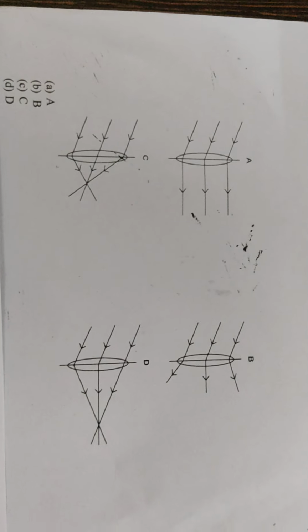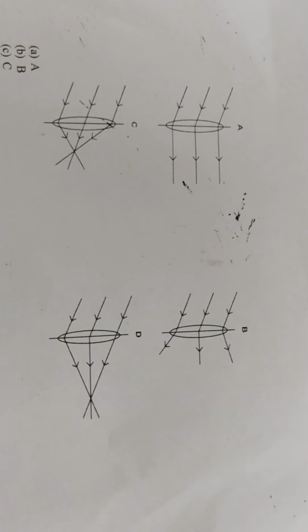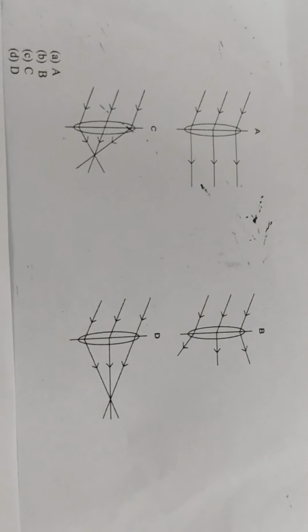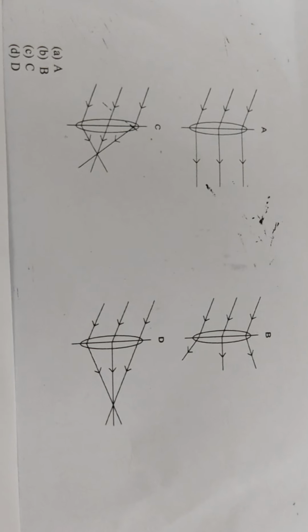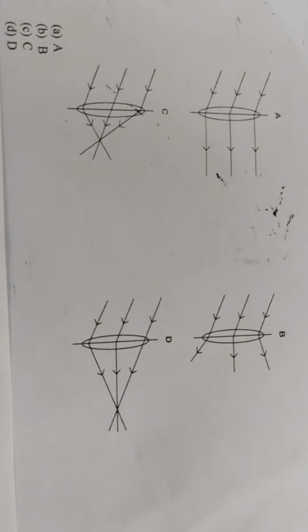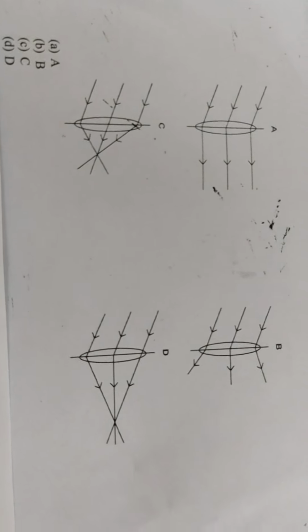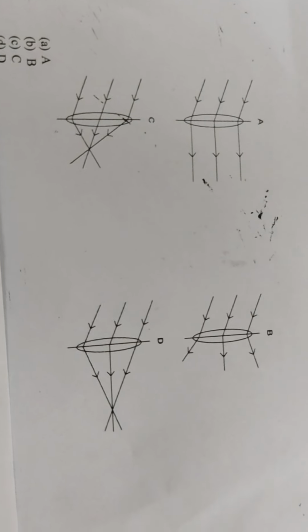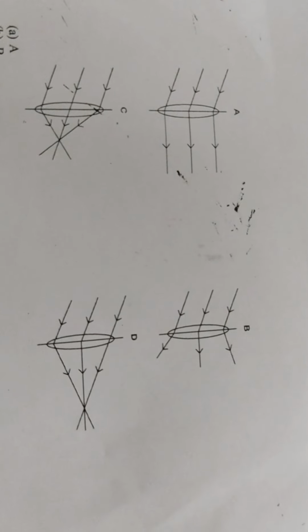Now, you should not have any difficulty in choosing the correct diagram if the concepts related to the ray diagrams of convex lenses are clear to you. We know that if we see the middle ray, center ray, that is actually incident at optical center of the lens. And we know that whenever any ray passes through the optical center, it goes undeviated.